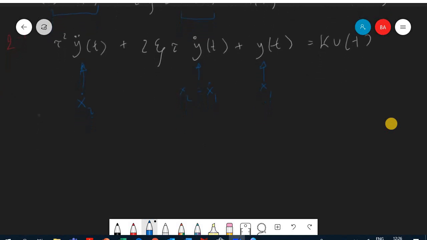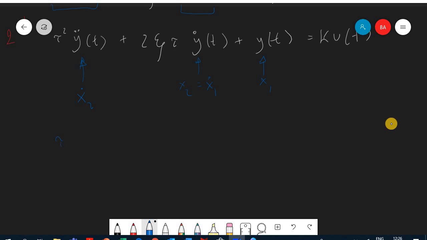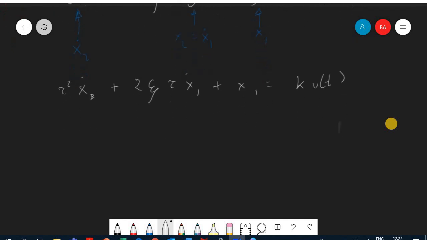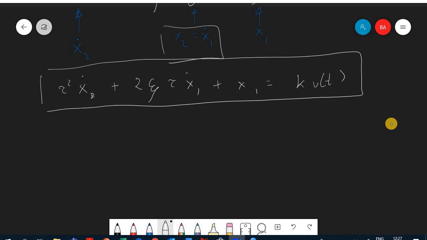So if I rewrite this again, this will be tau square x2 dot plus 2 xi tau x1 dot plus x1 is equal to K u of t. And here I have two state variables. What are the equations that I have? I have this equation here, and I have another equation here. So I have two equations in this case.